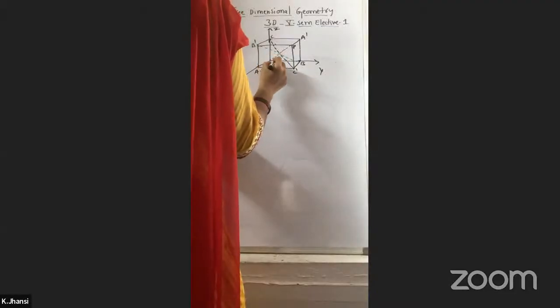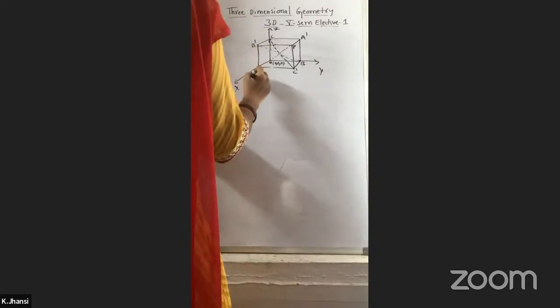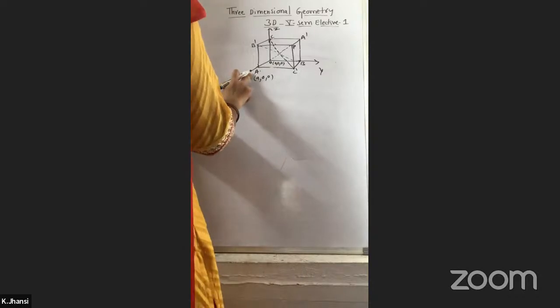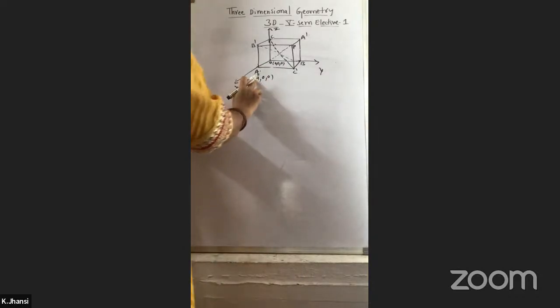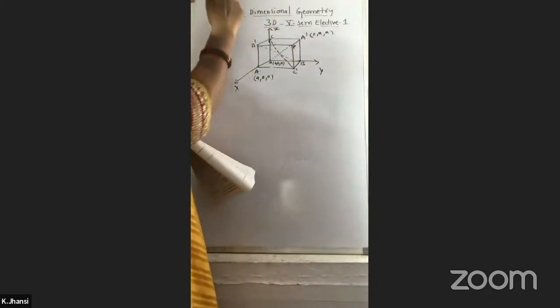For the origin you will have 0, 0, 0. For A you will have a, 0, 0. A is whatever it is making with the x-axis, first element, this is x, y, z. The other values will be 0. A dash will be 0, a, meaning the negative sign.